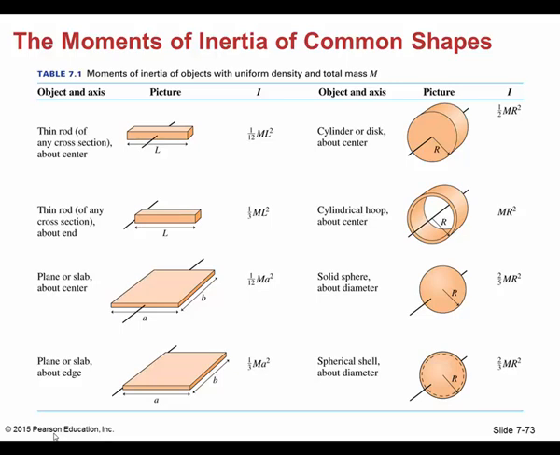This all depends on two things: the shape of the material, and most importantly, where the point of rotation is. Notice it says a thin rod with any cross section about a center. So where is our point of rotation going to be?